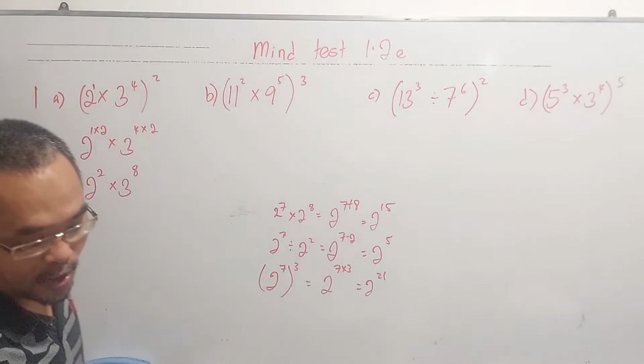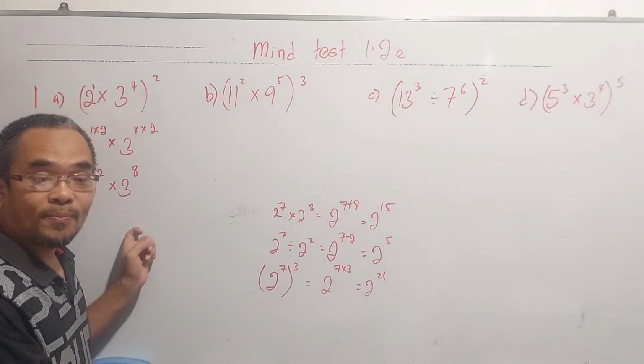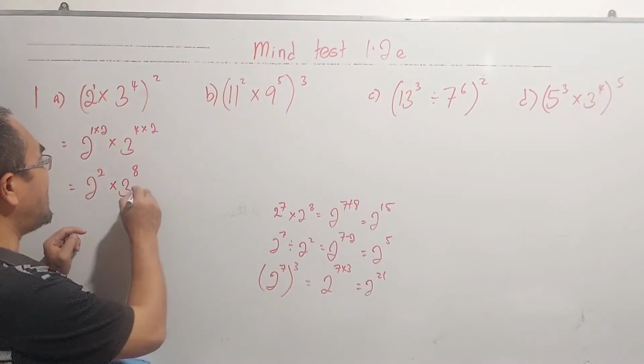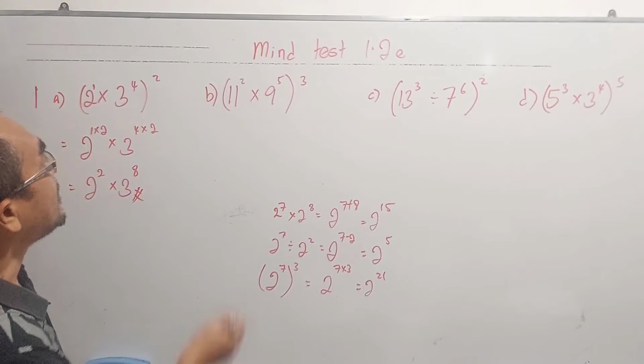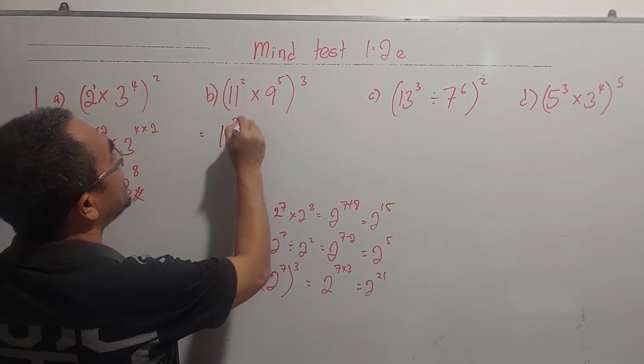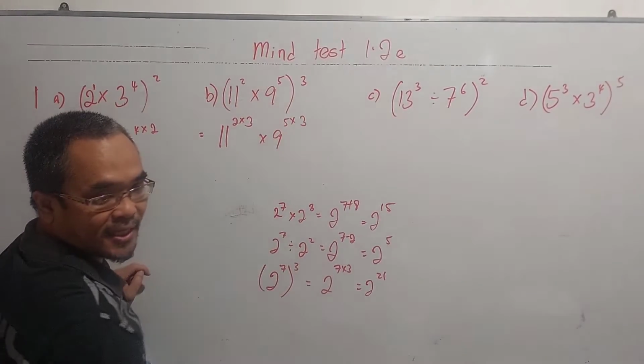Because the question is asking you to simplify only, not to calculate the value, because then I would have to use a calculator. But simplify, that's it. So how about B? Here is 2 times 3, 5 also times 3.